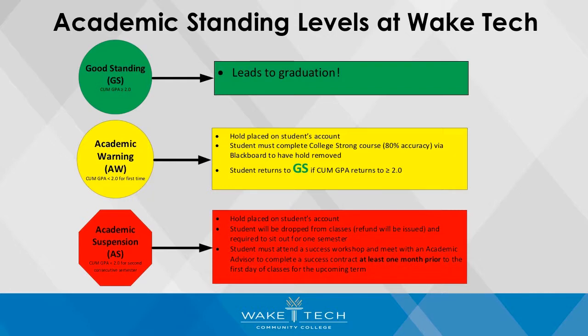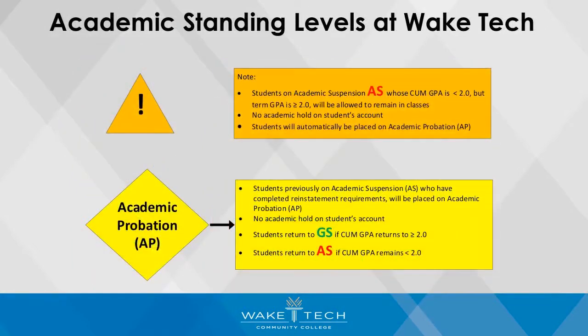Here's where it gets a little tricky. So let's say, my first semester I was on academic warning. My second semester I moved into academic suspension. Now for my third semester, we recognize that it may take students a few semesters to raise their overall cumulative GPA. It's not something that we expect you to do just within one semester.